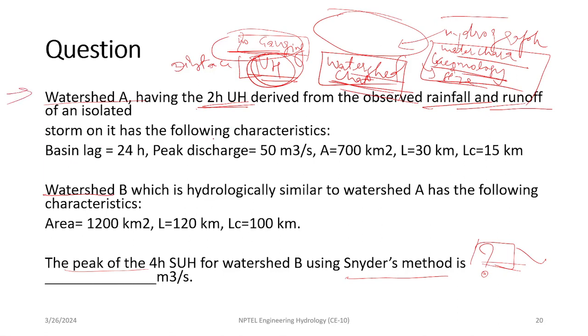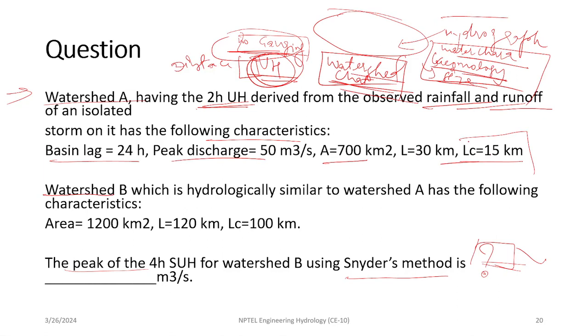Now some watershed characteristics are also given: the basin lag, the peak discharge, and the area of the catchment. The length of the catchment is given from the outlet to the extreme point. Then there is LC, one more point.